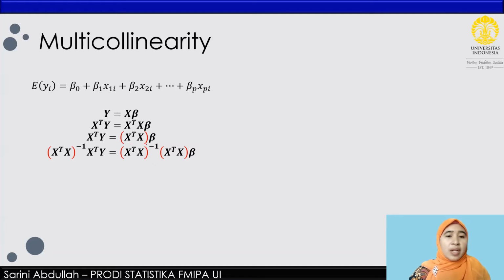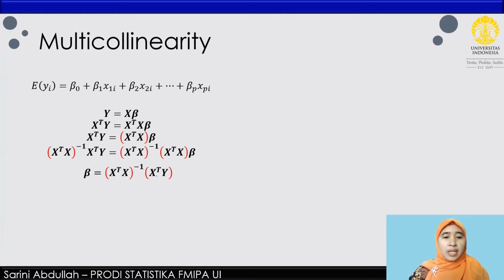This gives us the identity matrix, so we are able to write beta equals X transpose X inverse multiplied by X transpose y.